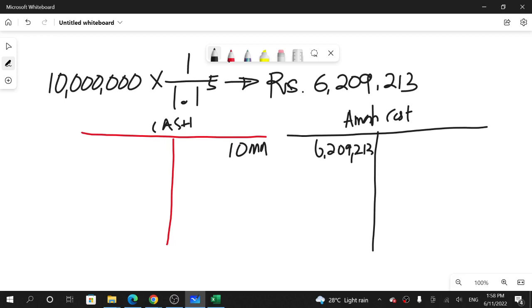Right, so you credit 10 million here and you debit 6,209,230 here. Where do you recognize the balance amount, the balance 3.7 million?